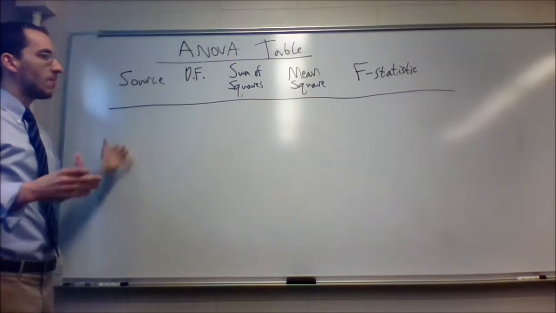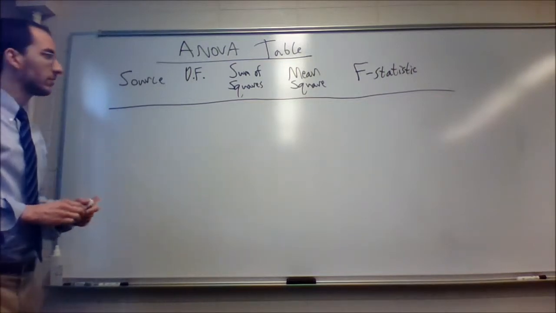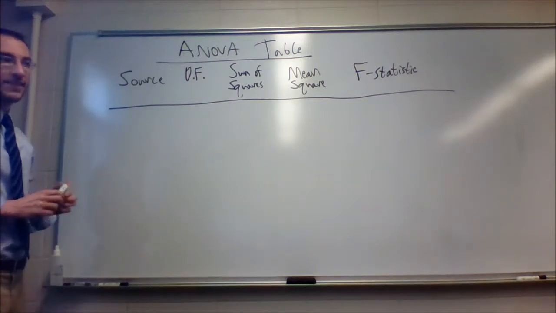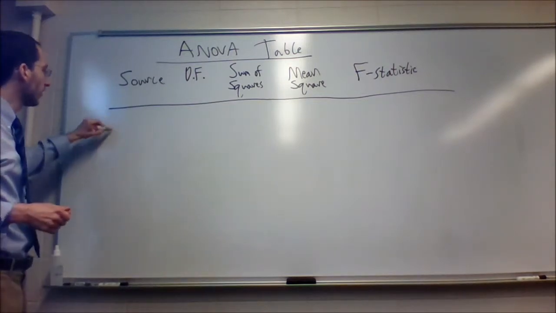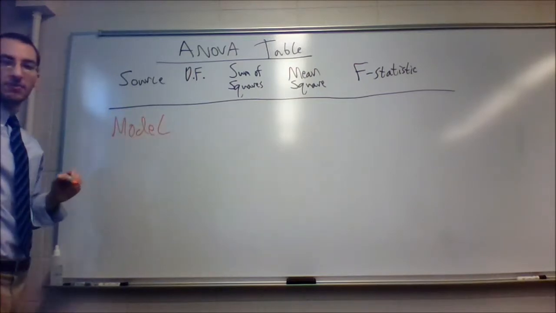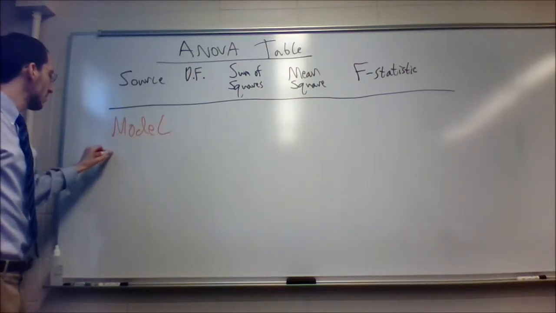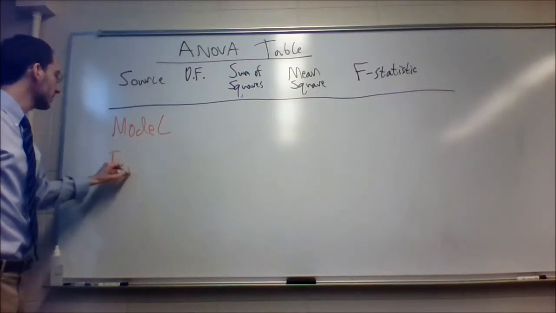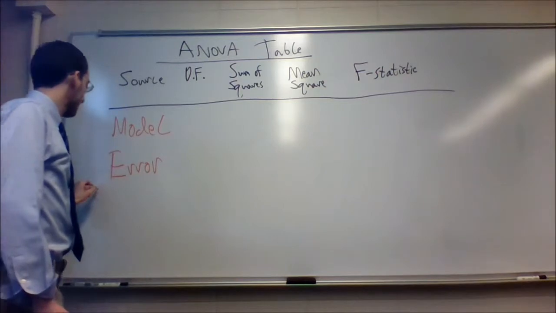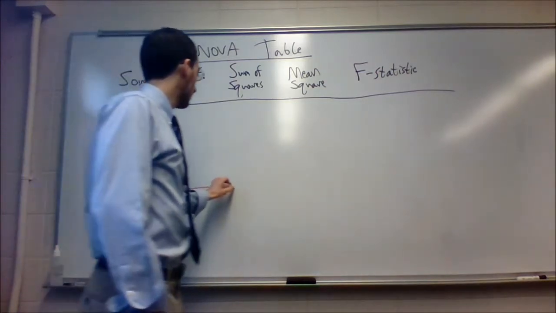So when I have my modeling situation, I say that I have sources of variation, and this is things that we've seen before. My model can take some variation. My error can take some variation. I'm going to make a line here.